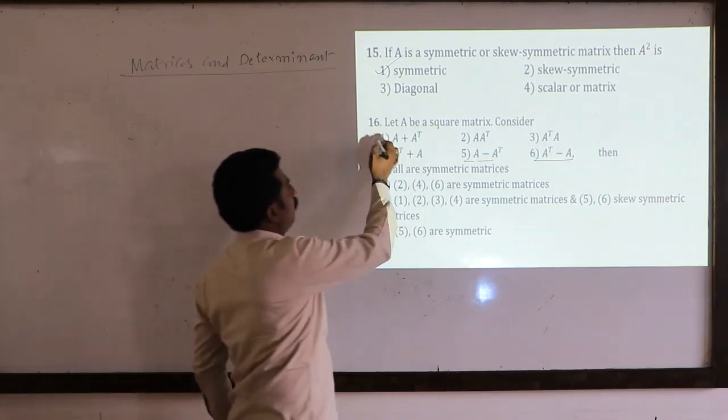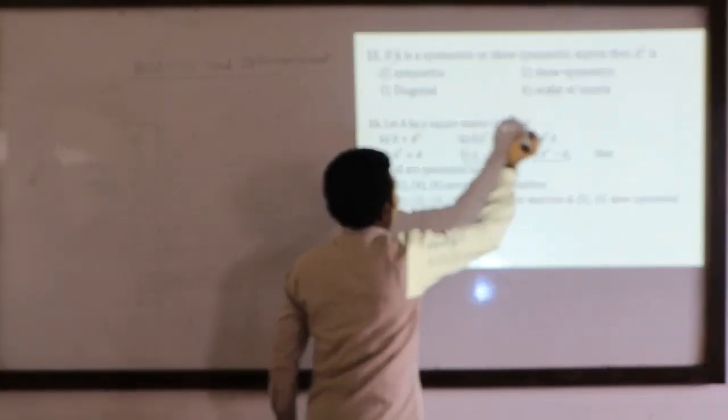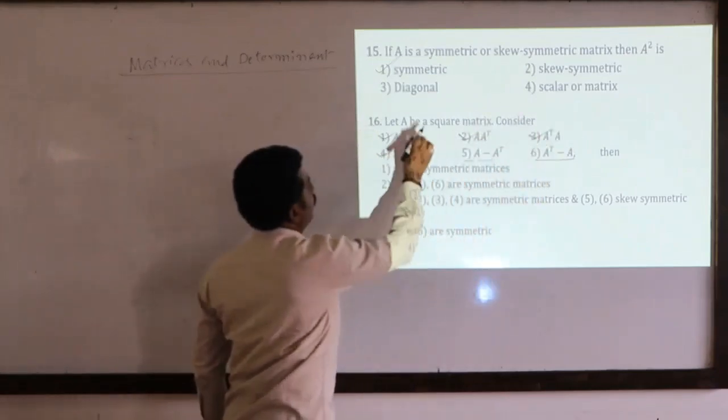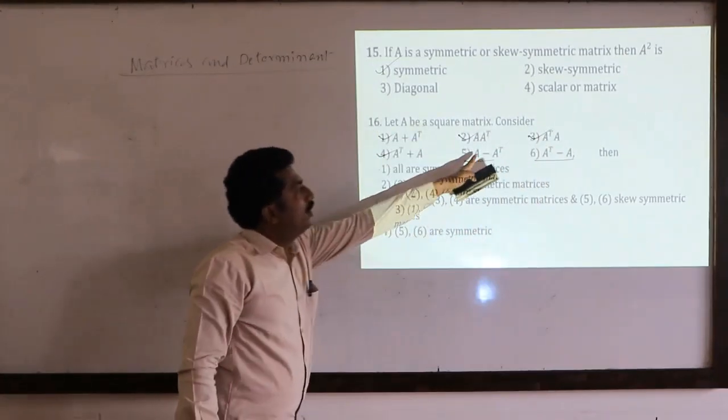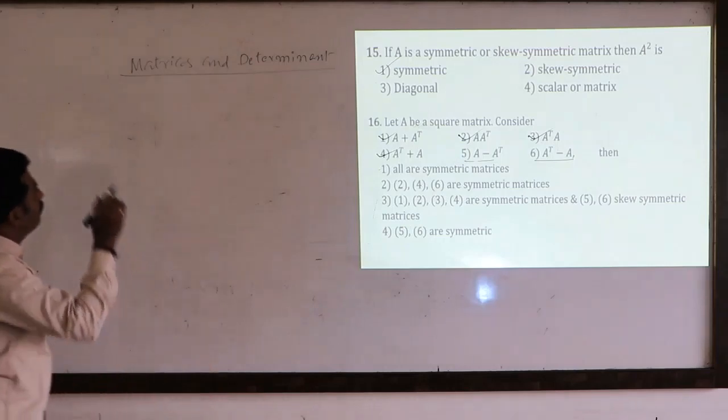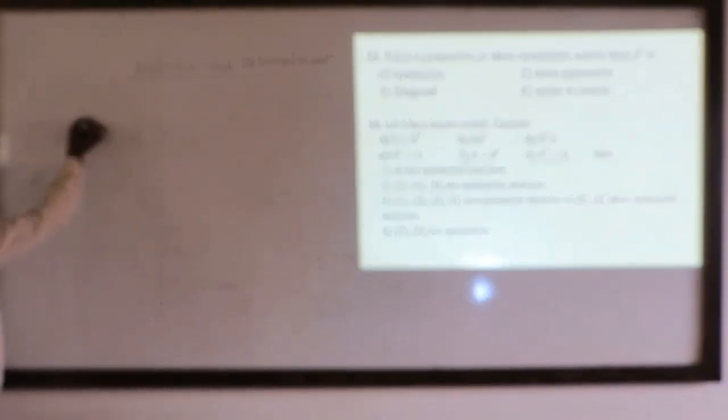This is symmetric, you remember? A transpose plus A is symmetric. Now we will check whether A minus A transpose is symmetric or not.